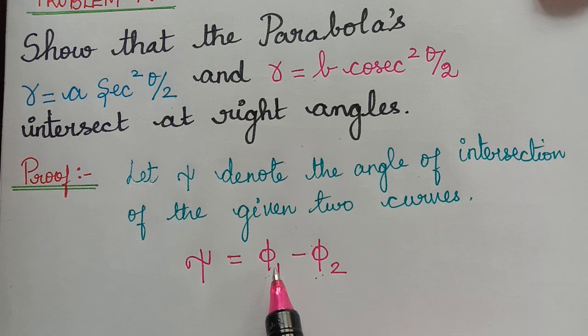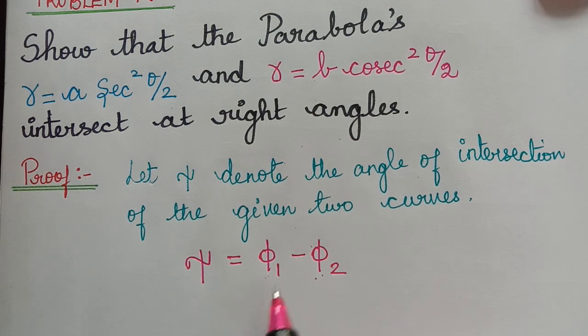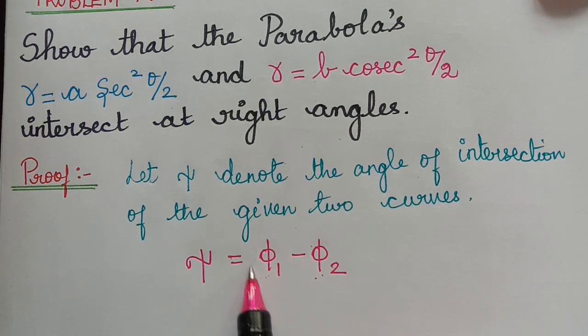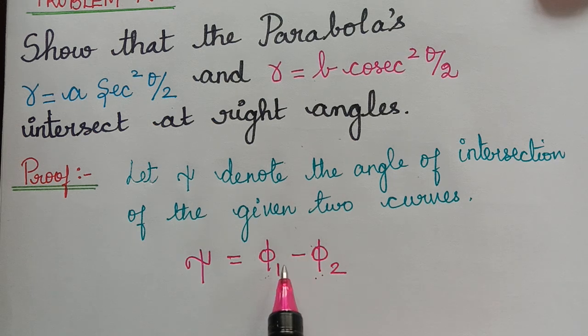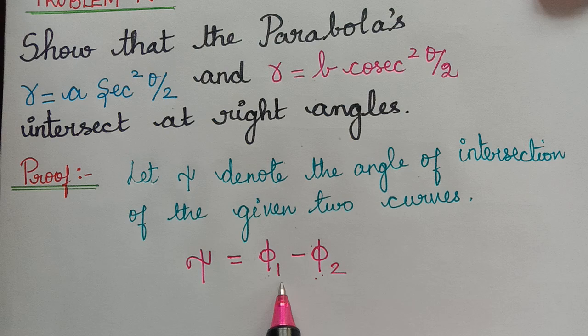To find the angle between the radius vector and the tangent, we have already learnt in our previous video lectures. We shall use those concepts here in order to find φ1 and φ2. And we can subtract one from the other and consider the absolute value for the angle of intersection of the given two curves.